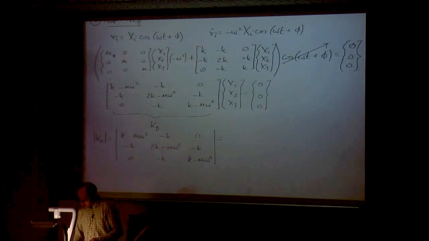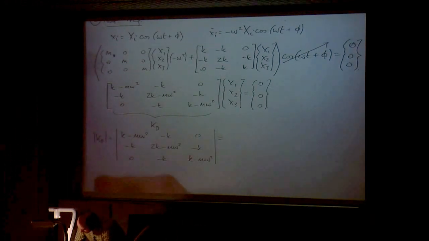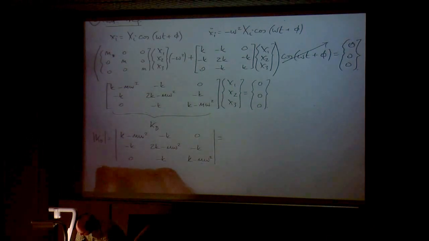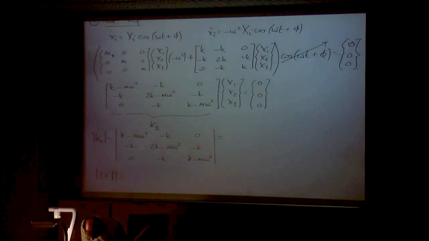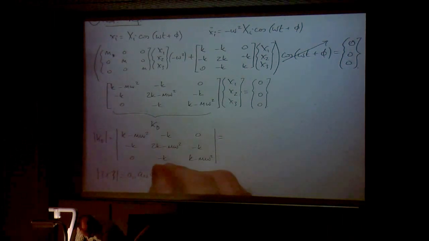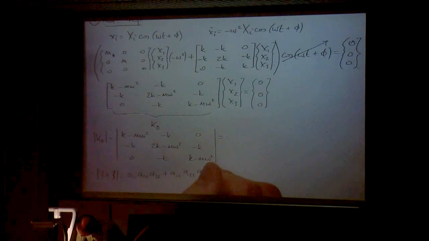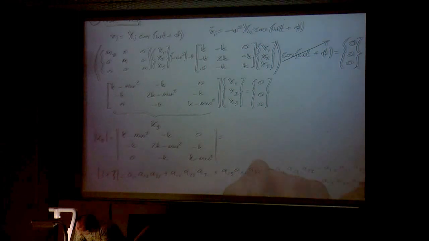So the step we're at now is we've got to solve the determinant of a 3 by 3 matrix. As an aside, I'll just write it out here. The determinant of a 3 by 3 in terms of A's: A11, A22, A33 plus A12, A23, A31 plus A13, A21.